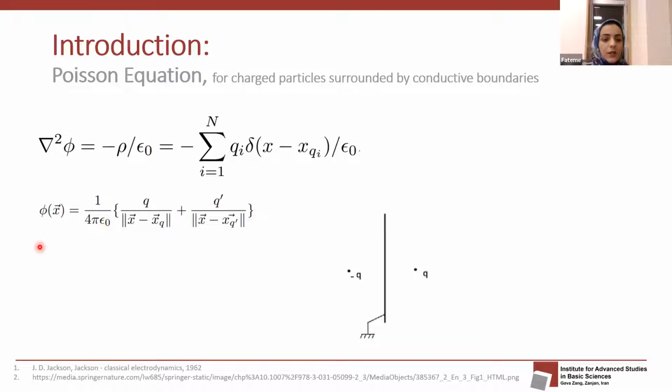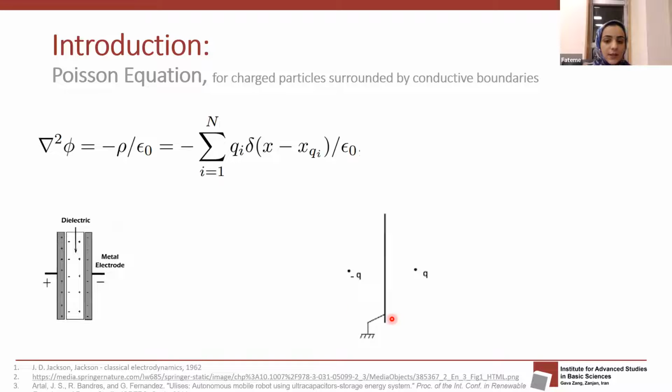And we can calculate the potential as the summation of the potential of these two particles. The first term is the potential of our charged particle, and the second term is the potential of the image charged particle. This method that I described is called the image charge method.